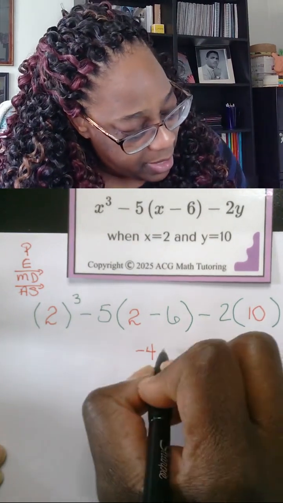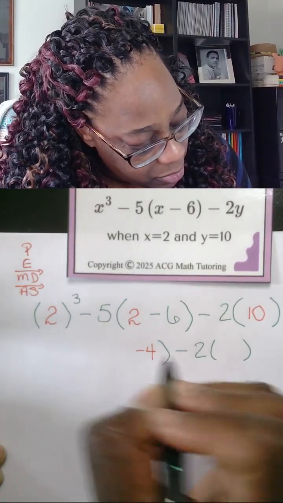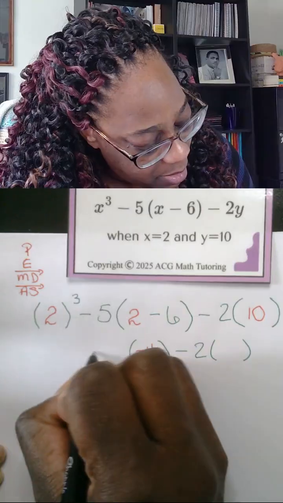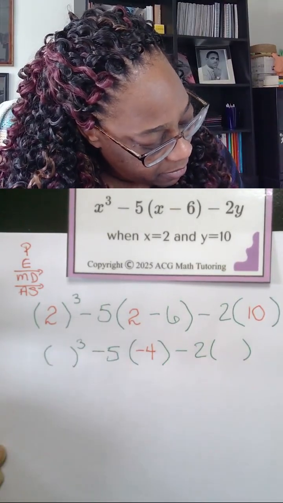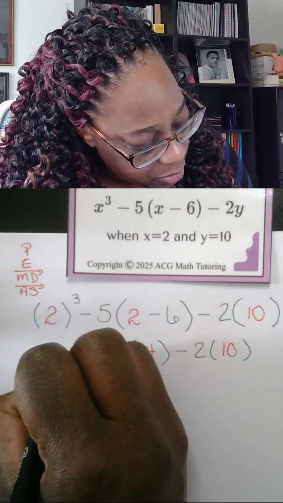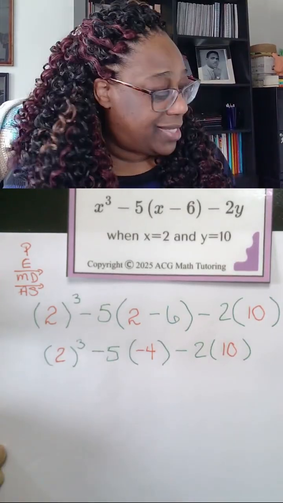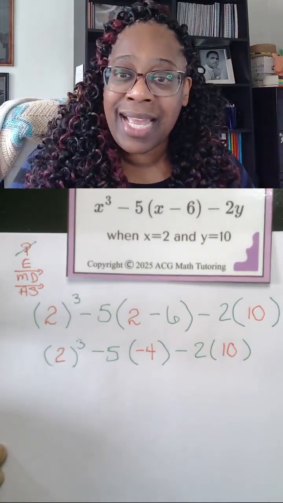So if I bring everything down, I know I'm doing it step by step so you can all see it. So this was our 10, and this was our 2. So now we did the parenthesis. Boom. That's done. Now we're looking at the exponent.